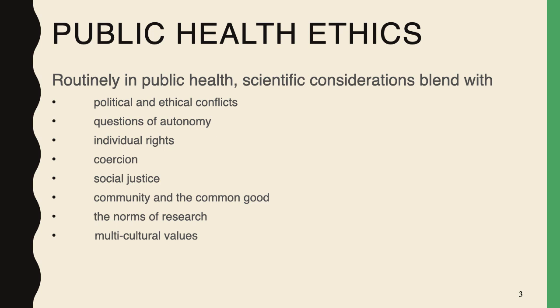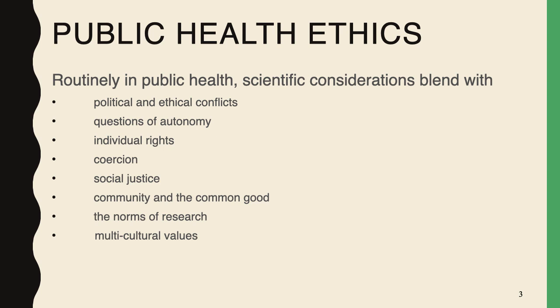Going back to COVID again, the community good would say that we need to isolate so that we prevent the spread until we understand the virus better, until we can get either a cure or a treatment, because of the sheer number of people who are dying from it. However, individuals, those who are asymptomatic or those who are relatively healthy and may be at less risk of dying, may feel that their rights are being trampled on because of this.